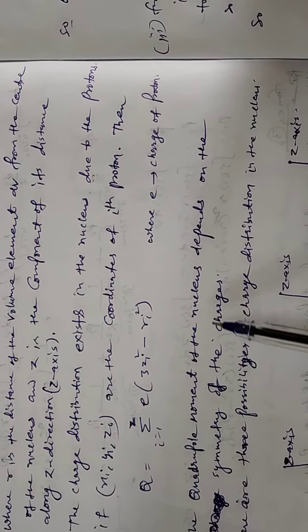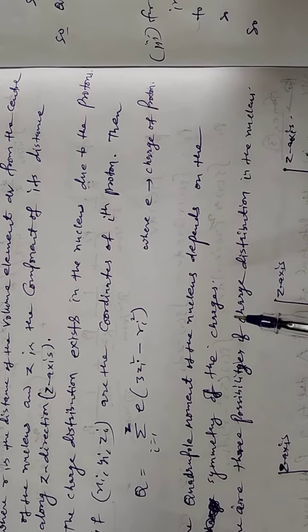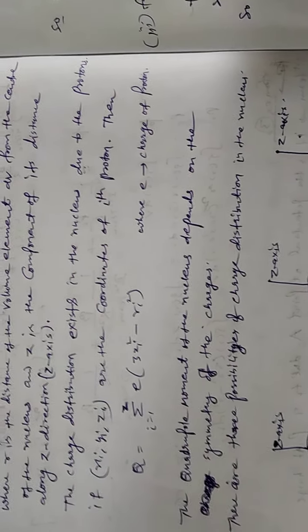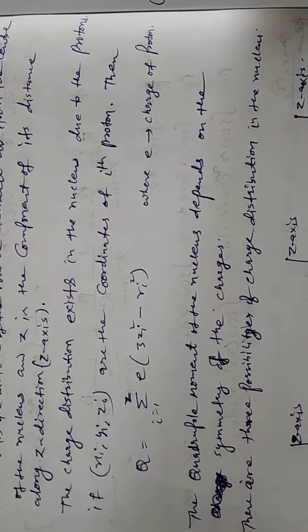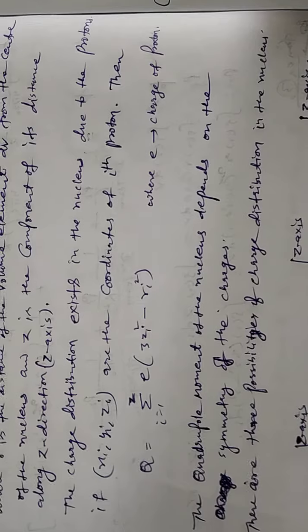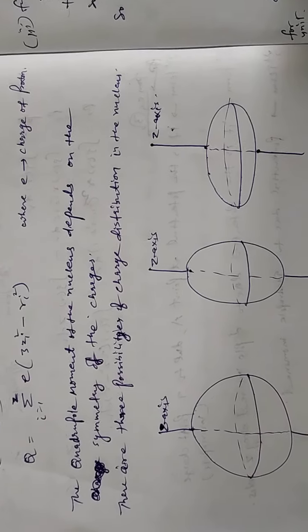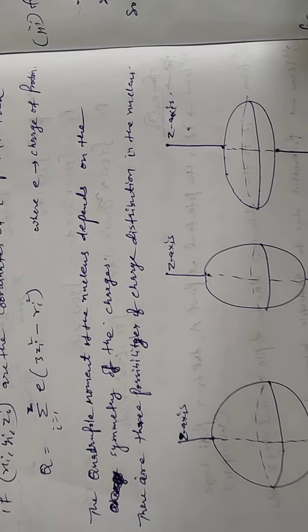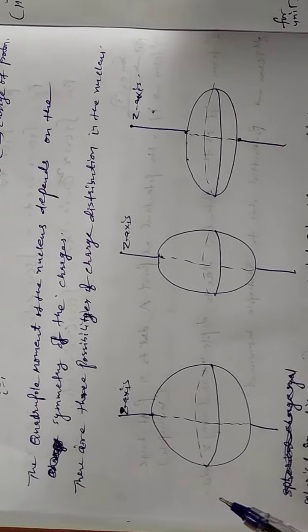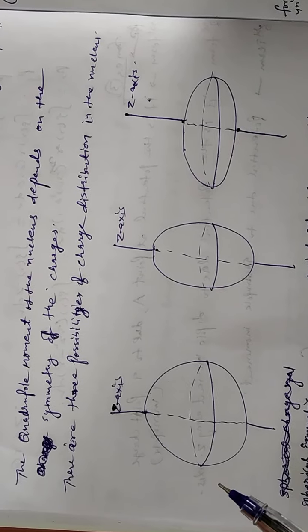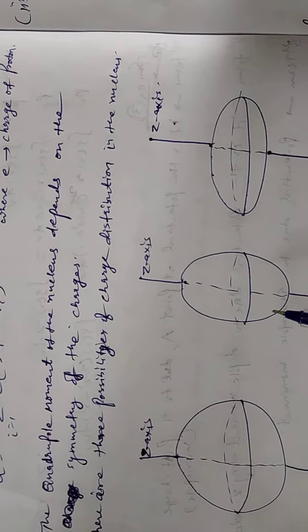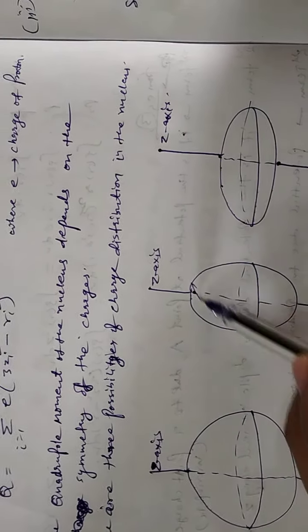The quadrupole moment of the nucleus depends on the symmetry of the charges. That is, it depends on what type of symmetry the charge distribution inside the nucleus has. There are three possibilities of charge distribution. One is the spherically symmetric charge distribution.